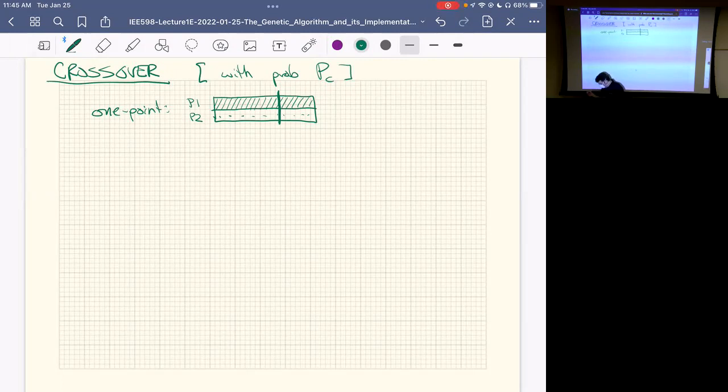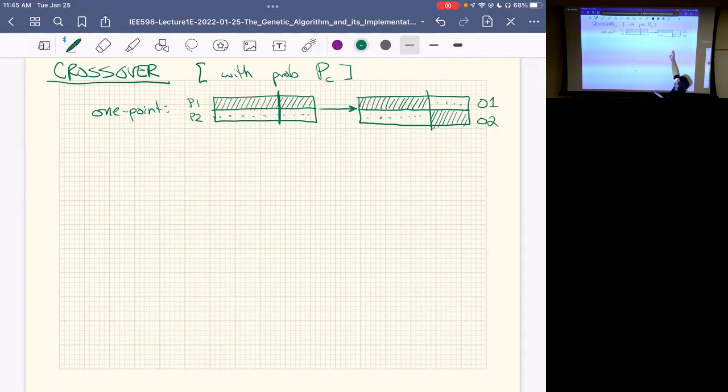Once you pick that point, and you've determined crossover is the right thing to do based on that PC probability, everything to the left of that point stays where it was, and everything to the right swaps. This will be offspring 1 and offspring 2. So 2 parents go in, 2 offspring come out with that swap.